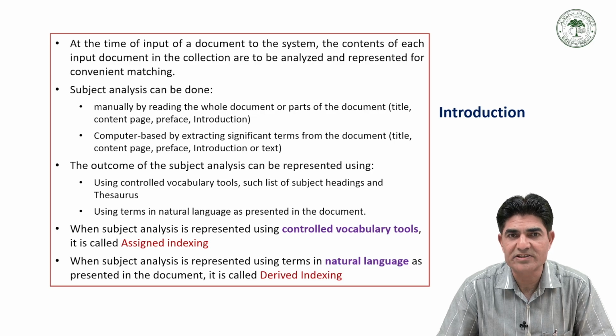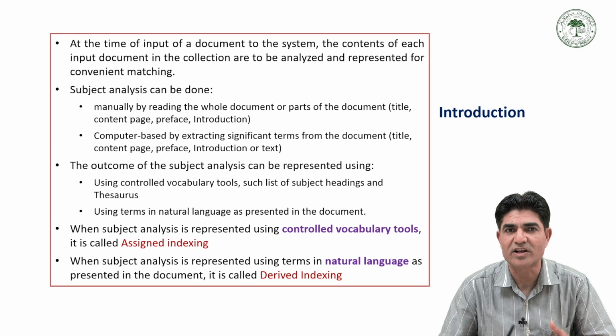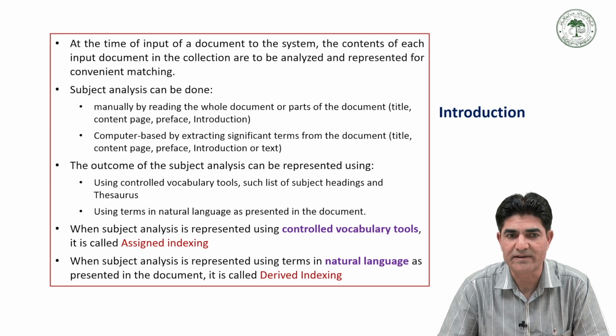If we do the conceptual analysis manually, we read the whole document or parts of the document, like the title, content page, preface, and introduction. If the same process is done by computer, computer-based indexing can extract significant words or terms from the document title, content page, preface, sometimes from the introduction, or sometimes from the complete text of the document.